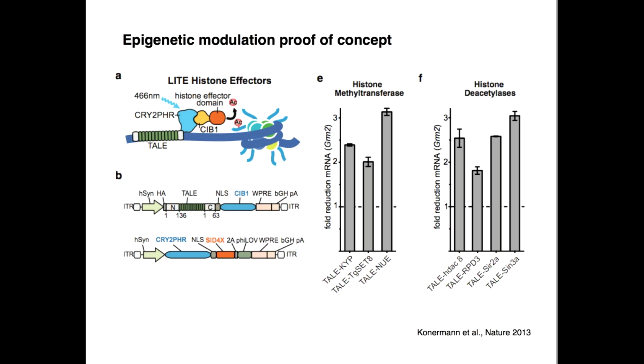There's another epigenetic modulation proof of concept. We did a similar paper where we took TAL effectors, which are DNA binding domains, and fused them to different kinds of epigenetic enzymes. So here you have a bunch of histone effector domains. Here we illustrate histone deacetylases. Histone acetylation is typically thought of as an activating epigenetic mark, so a deacetylase should repress the gene transcription.